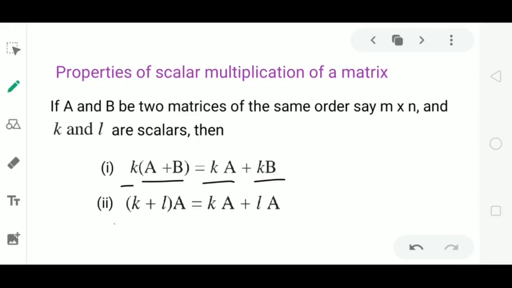Similarly, K plus L into A is equal to K into A plus L into A. Here K and L are scalars. We are multiplying sum of the scalars to matrix A in the second one. In the first one, scalar to sum of the matrices A and B.